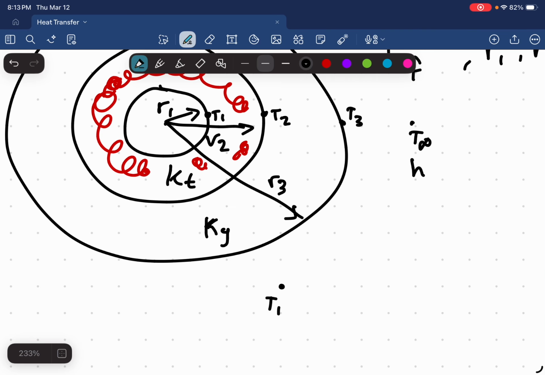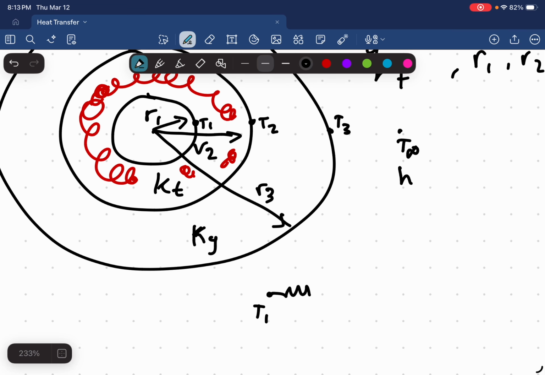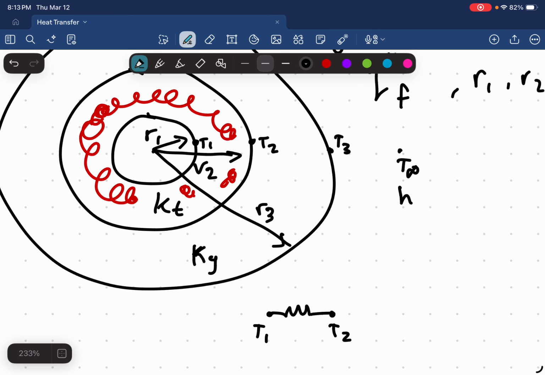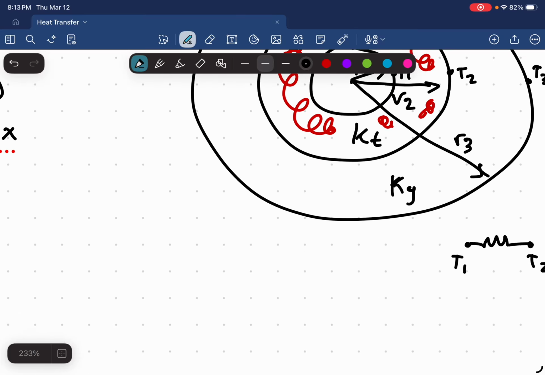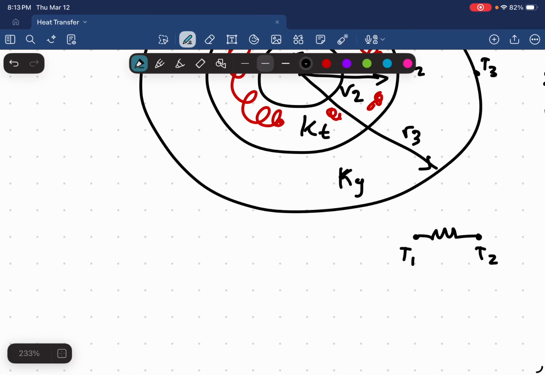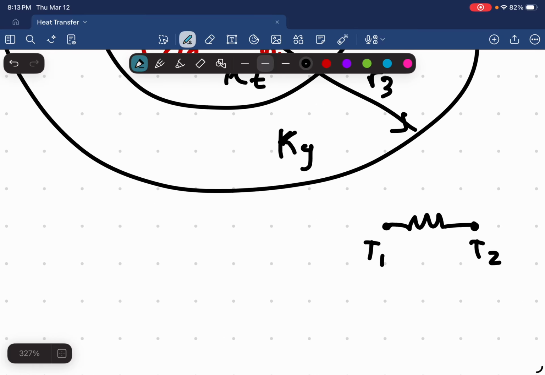So at T1, you have thermal resistance in between T2, and this thermal resistance is for conduction. If you're not familiar with making thermal resistance networks, just let me know. I'll make a separate video explaining those.